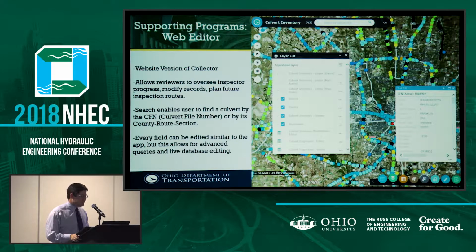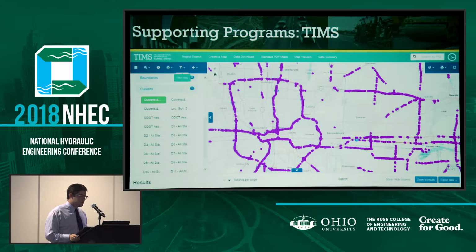So that's pretty helpful. Then we also have a supporting program, TIMS, and if you're interested in implementing Collector at all in the future, I highly recommend going to TIMS and looking at our databases. You can see what fields we have, what we've chosen to collect, and it's open to public, so you can see all of our culverts.